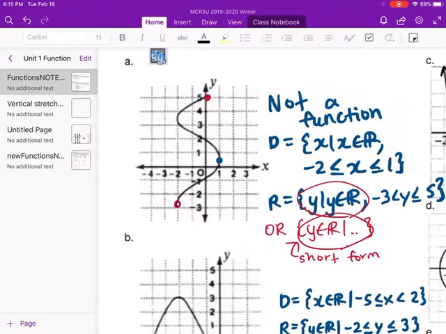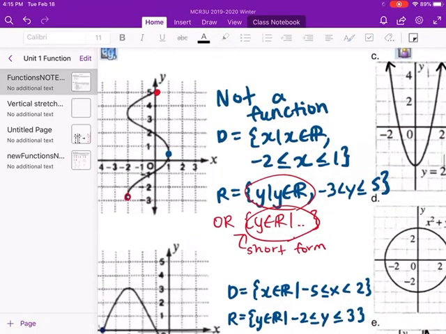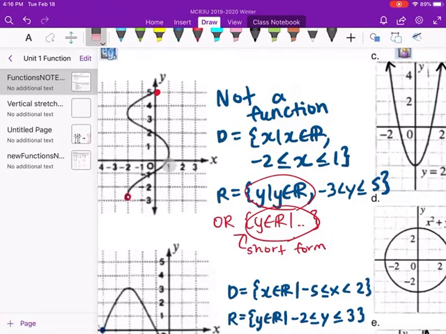So how I'm going to write the range is: y is bigger than -3, and less than or equal to 5. I do not include the -3 because there's an open circle at -3 for the range, and there's no other spot where it's filled in.